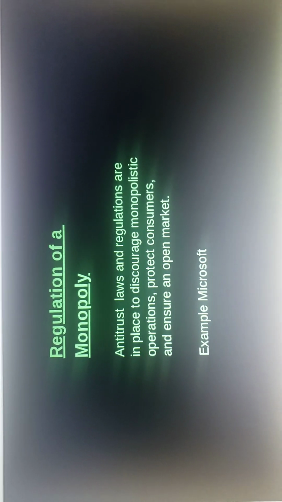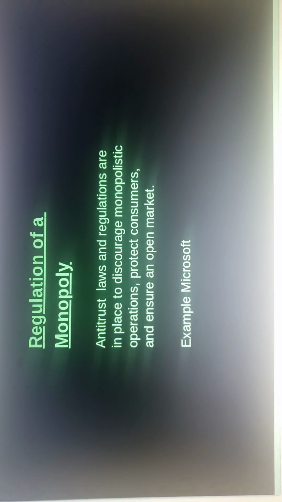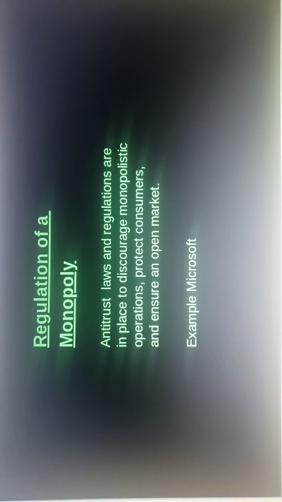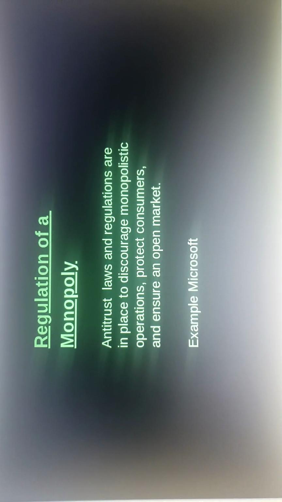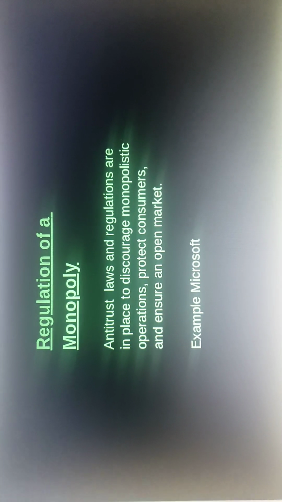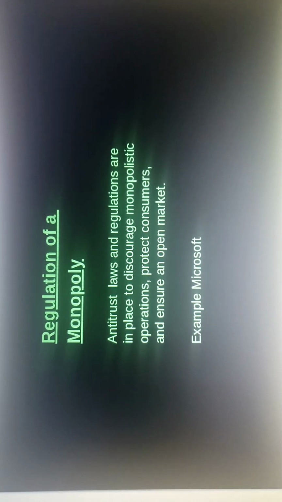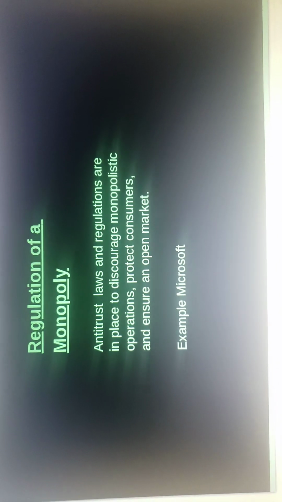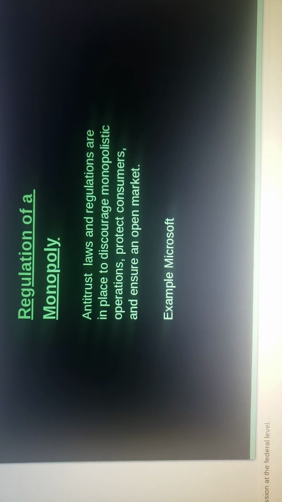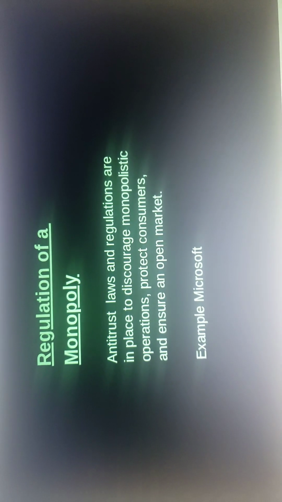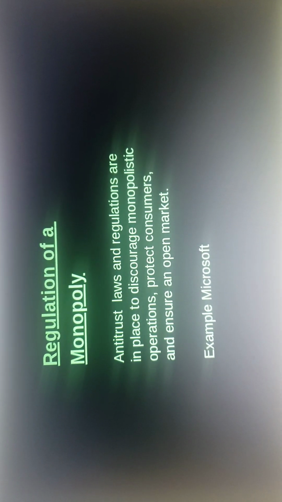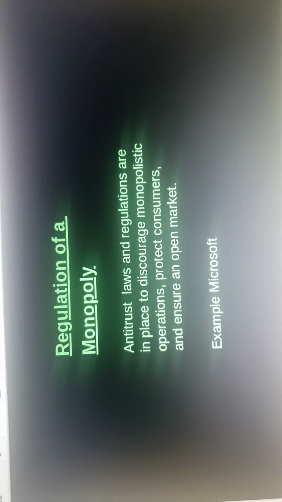So, the regulation of a monopoly. The antitrust laws and regulations are in place to discourage monopolistic operations, to protect consumers, and ensure an open market. Microsoft is an example. In 1994, Microsoft was accused of using its significant market share.